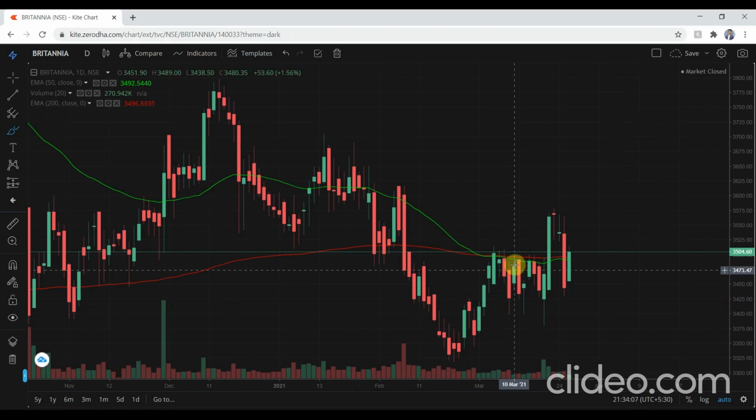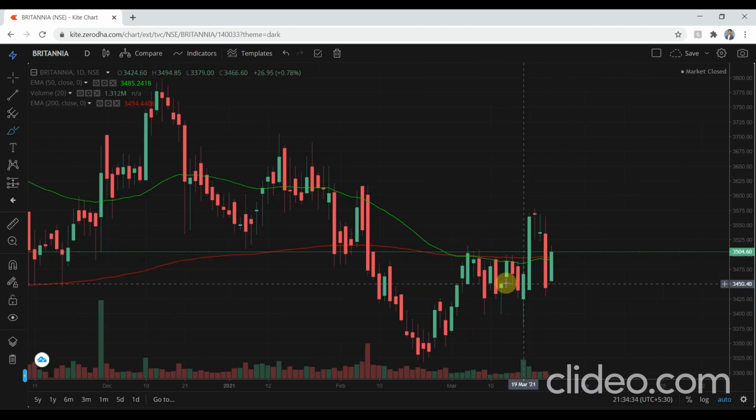Okay, it's not just, it was on 9th of March, but it is too close and it's trading at almost the same level. When the 50 EMA crossed the 200 EMA, the closing and the open price were in the range of 3400 and 3500, and it's still trading in the range of 3400 and 3500.